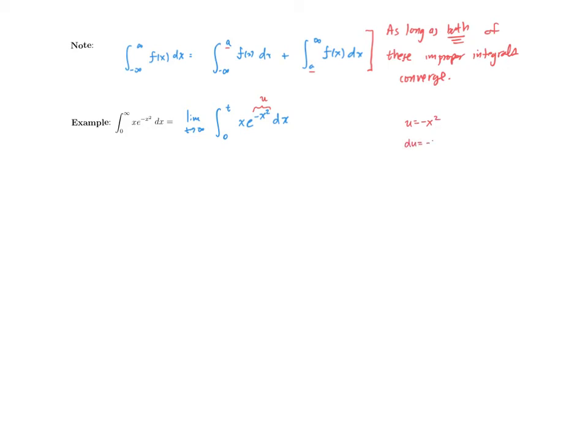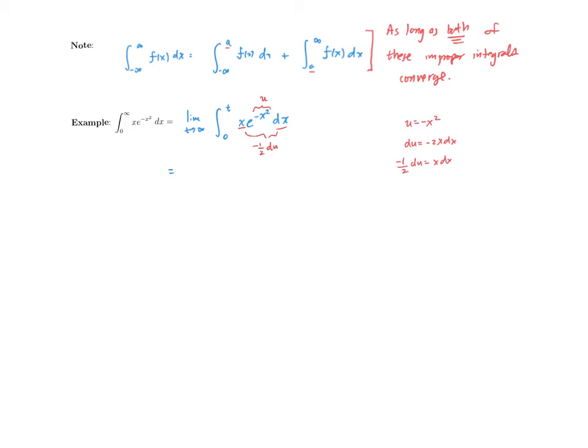du becomes minus 2x dx, and we note that we have an x and a dx, which would be minus 1/2 du. So immediately we can rewrite our integrand so that it only involves the variable u. We have minus 1/2, which is a constant.